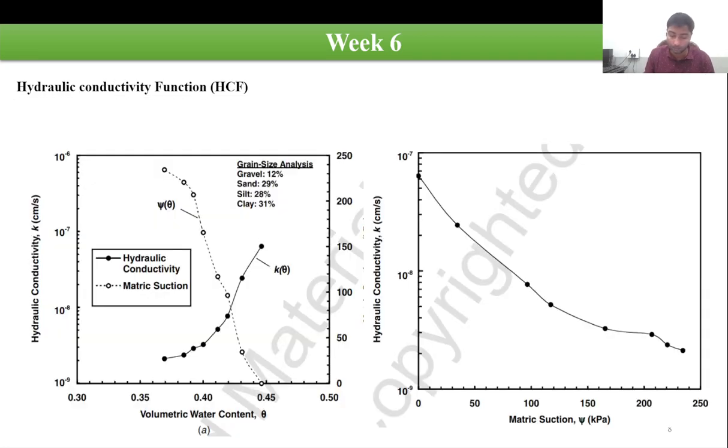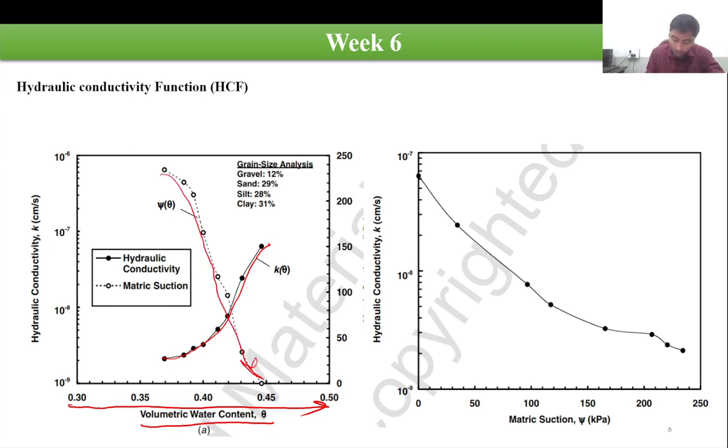Okay, and if we see the hydraulic conductivity, then we'll observe that as the volumetric water content increases, the hydraulic conductivity also increases, right? And as the volumetric water content increases, the suction value will decrease.